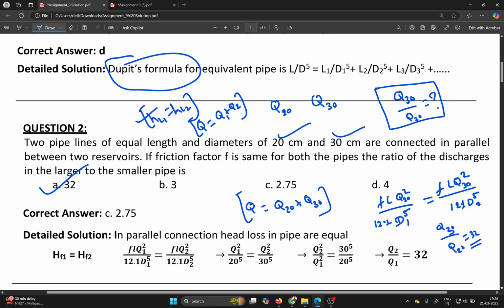So here 32, but the answer is C. How? Here it is written Q2 by Q1 is 32, but here the answer is this one. So let me just calculate. Maybe a calculation mistake. Let me just take.